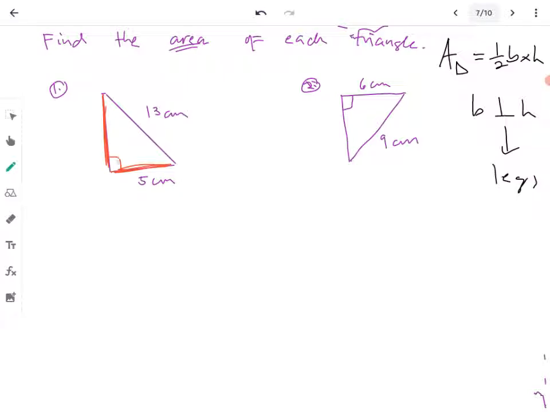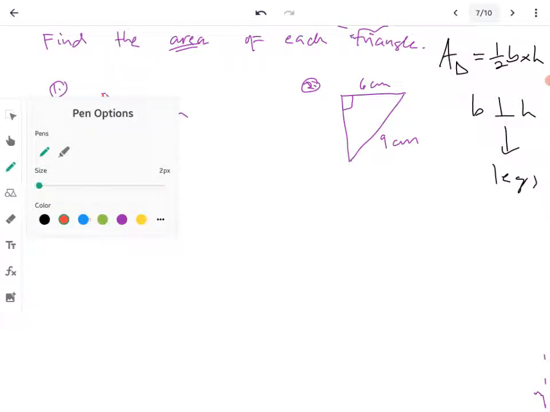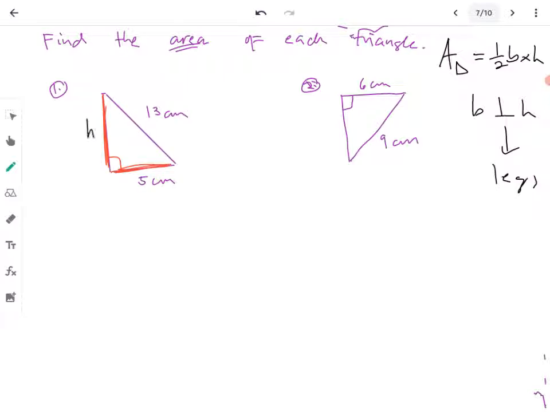So let's first find the height. Let's say this is h. Find that first before we can find the area. As you can see, we're connecting the Pythagorean theorem and the area of the triangle. If we can find the value of h, the height of the triangle, we can then use that to find the area.